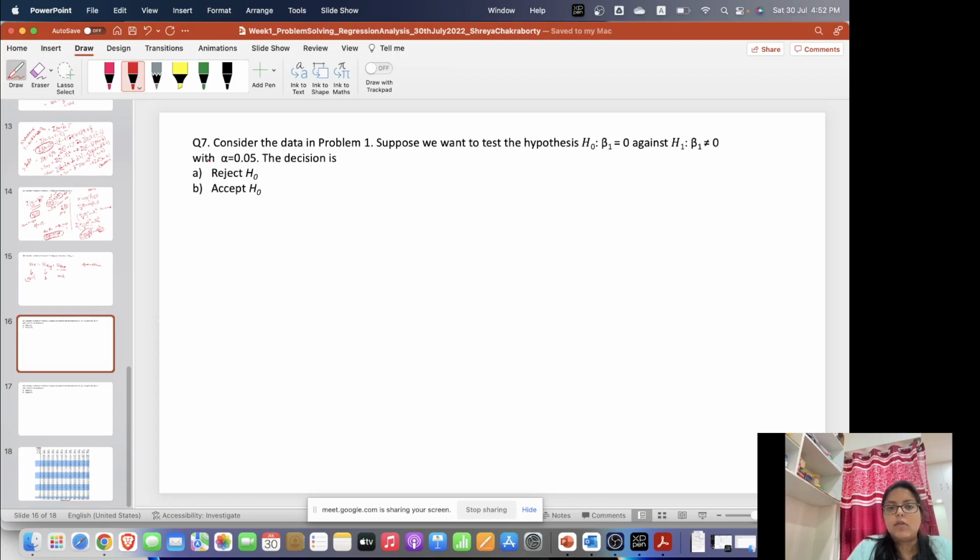Okay, now coming to this question, suppose we want to test the hypothesis beta 1 equal to 0 against beta 1 not equal to 0 at this alpha. So what should my decision be? As we have seen, beta 1 hat follows normal beta 1 sigma square by sxx. Nothing is said about sigma square, so sigma square is unknown.